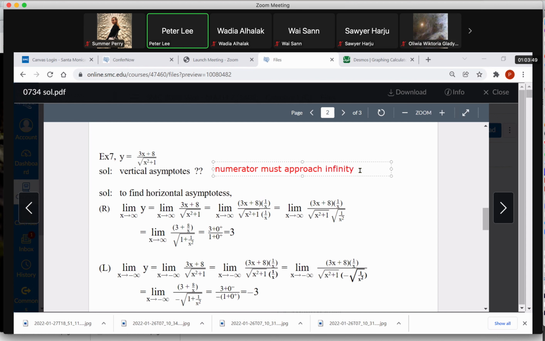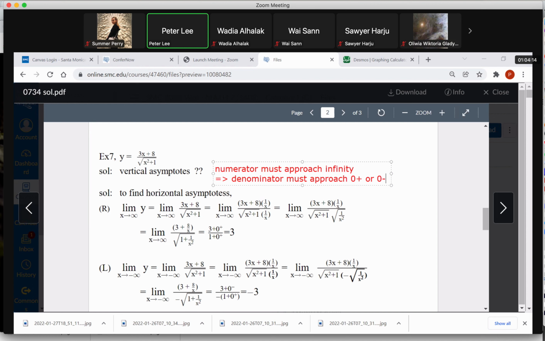The denominator must approach either 0 plus or 0 minus.